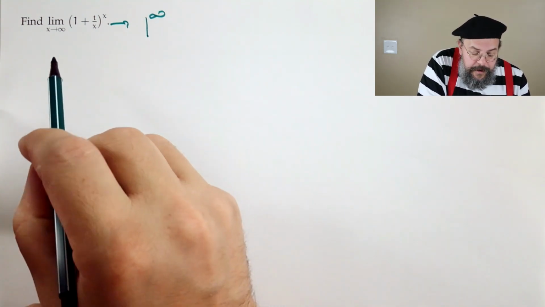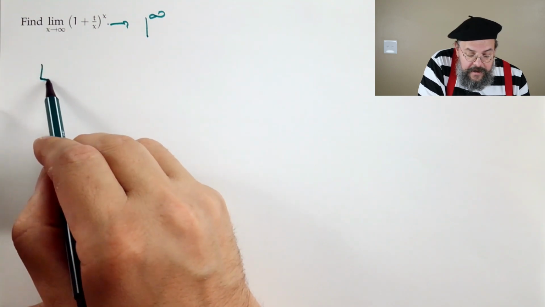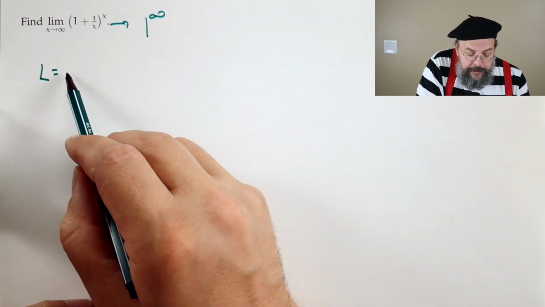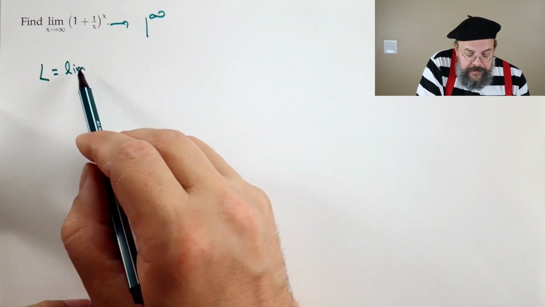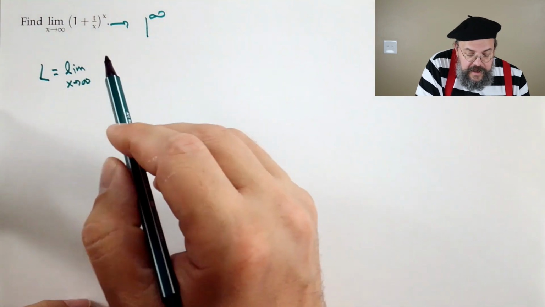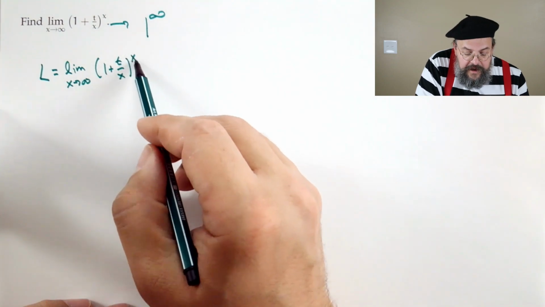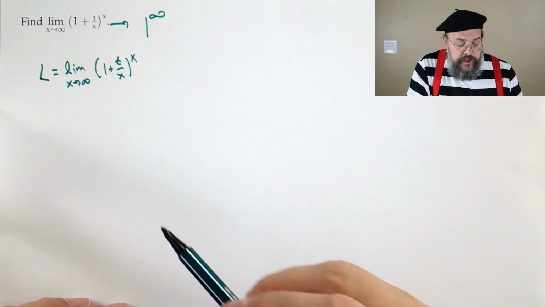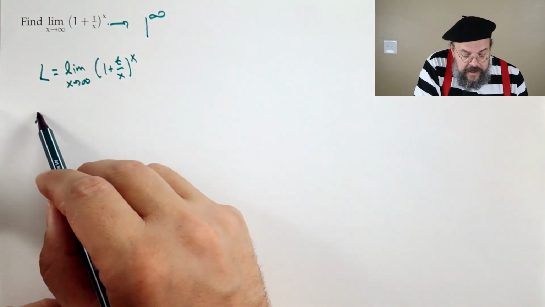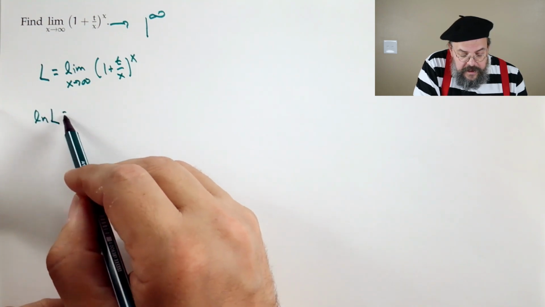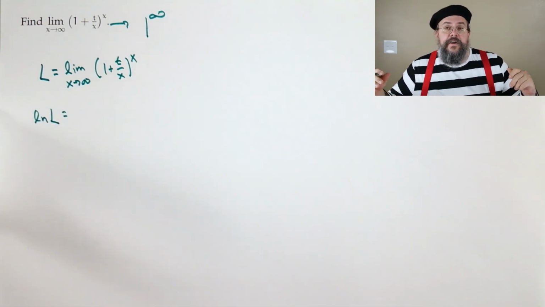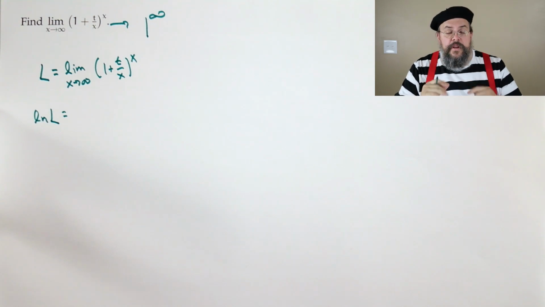Let's suppose for the moment we're going to say our limit of what we're looking for, we'll call it L. So L is the limit as x goes to infinity of 1 plus t over x to the x power. Now we take the log of everything, and we can say that the log of what we're looking for is, and because log is a nice function, we can push it in through the limit.